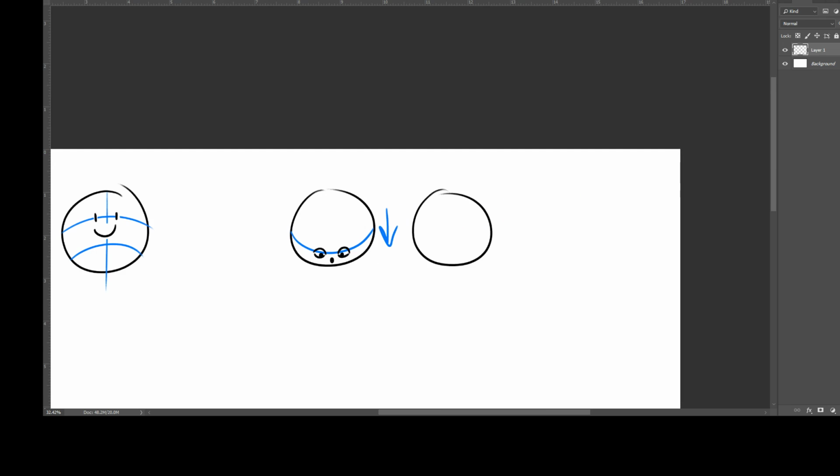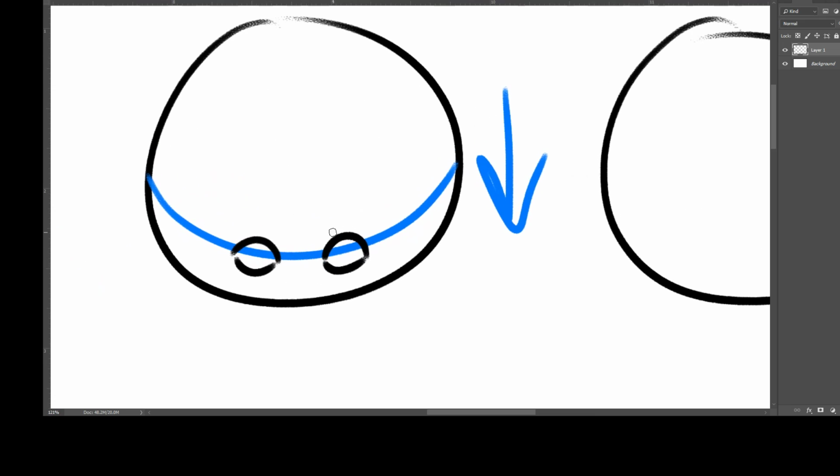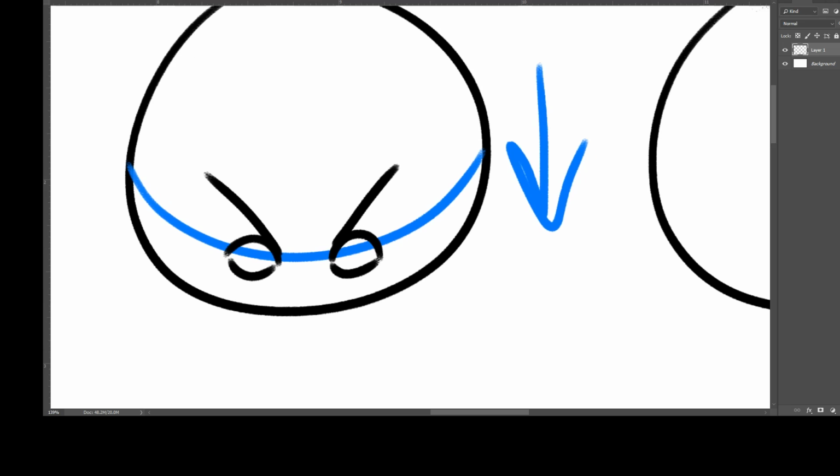That would be one thing. But if you were angry, our face tends to look down, but our eyes look up at the person or the thing that we're angry with. And so the pupils are up here.